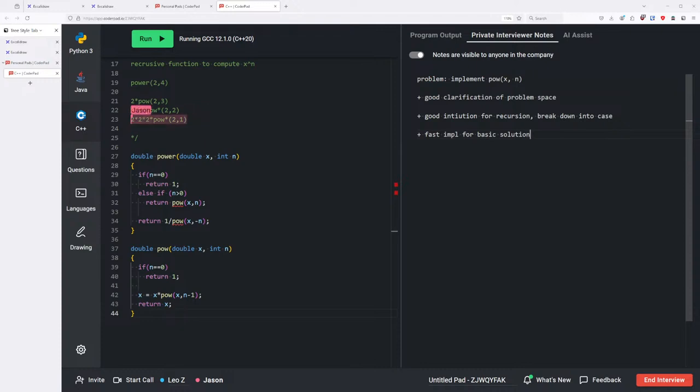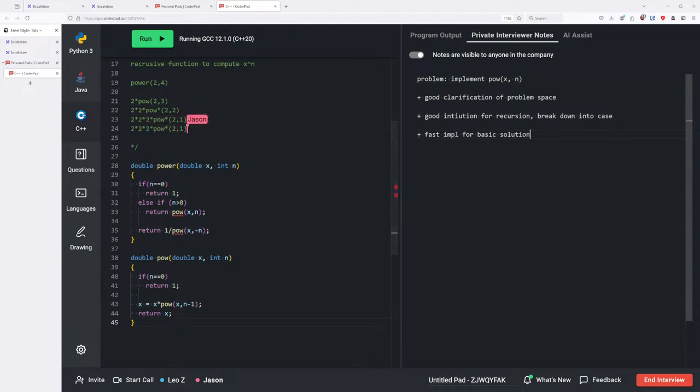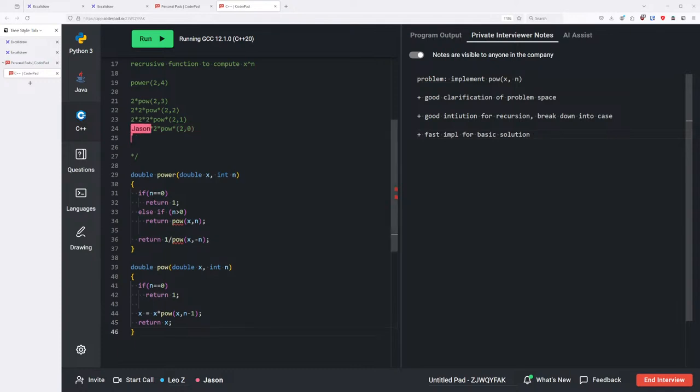Then there's going to be one more call, which gets us to 2 to the power of 0, and this evaluates to 1, because that's our base case. And then we'll get 16. Yeah, makes sense.